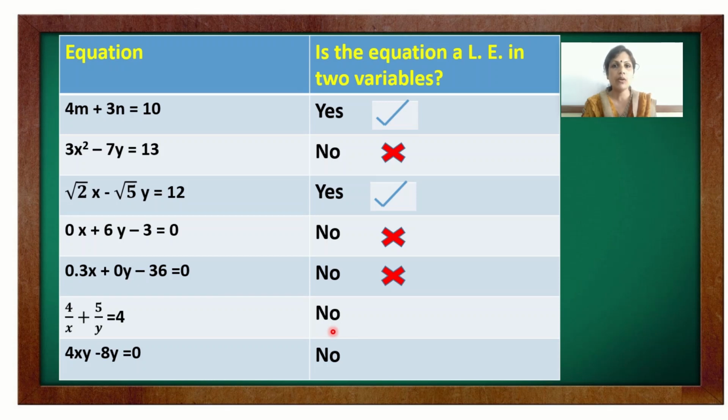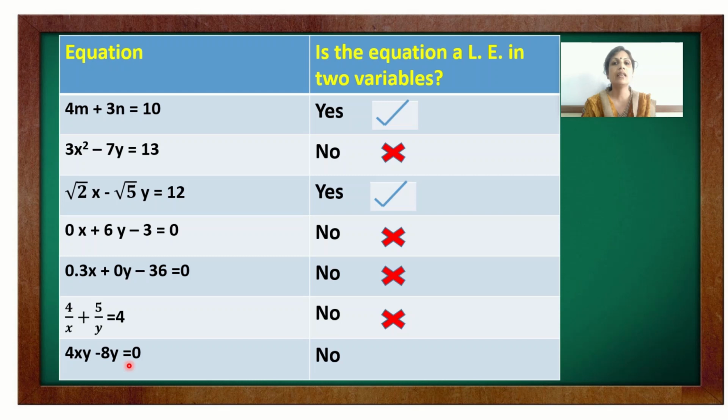This will be my equation. And what we have studied is that the power of the variable should be equal to 1. Since in this case it is not 1, therefore it is not a linear equation in two variables. Alright, let's have a look at the next equation.